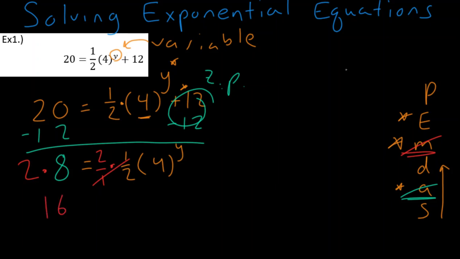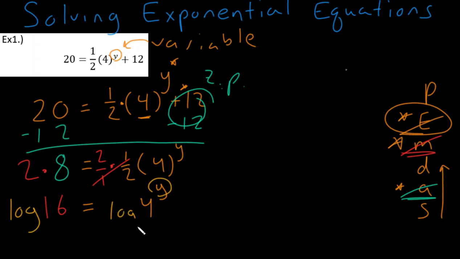Now we get to the interesting part. We have 16 is equal to 4 to the power of y. This y is up in the exponent, so we need something that is the opposite function of an exponent itself. This is where we write what's called a log, or a logarithm. In order to get the exponent out of the exponent, we take the log of both sides.